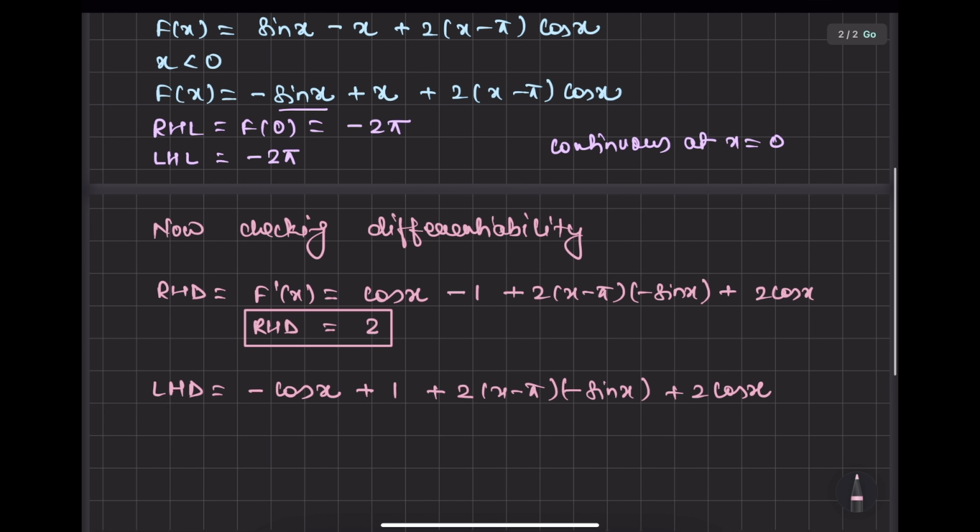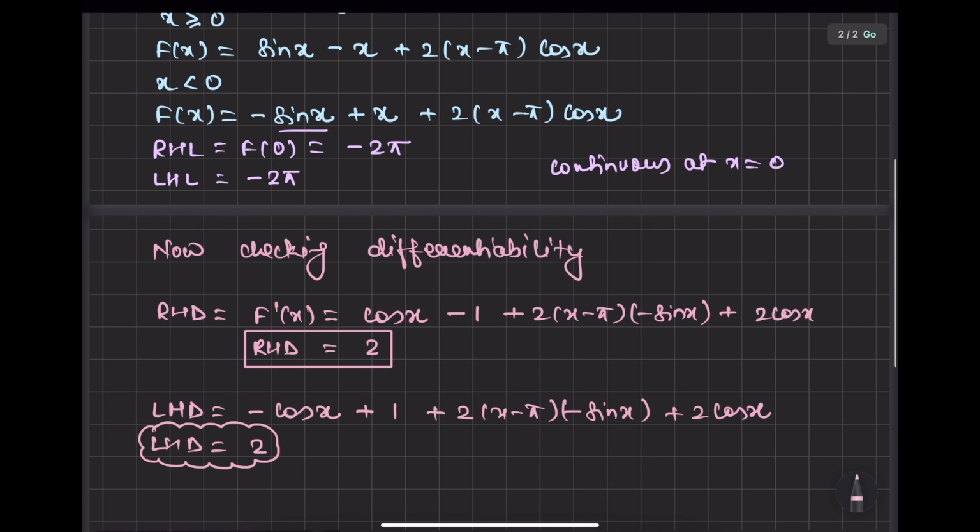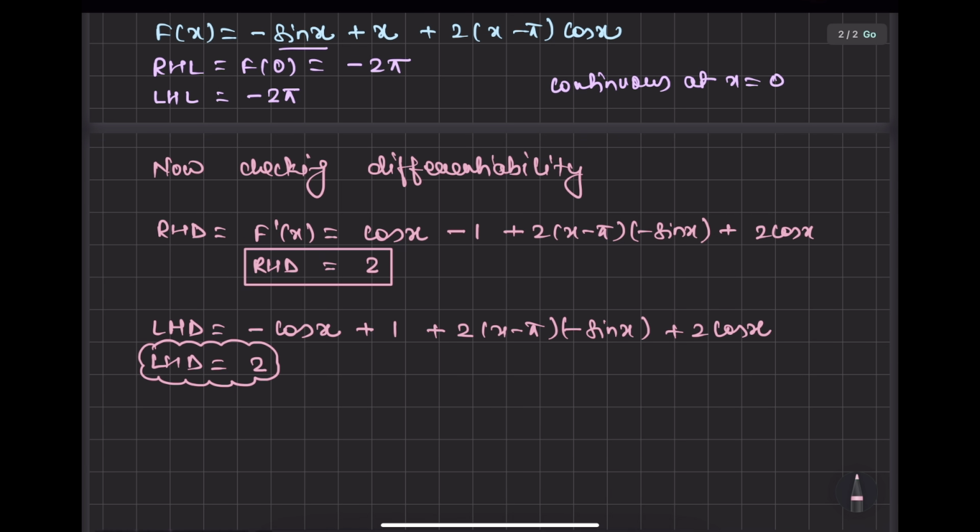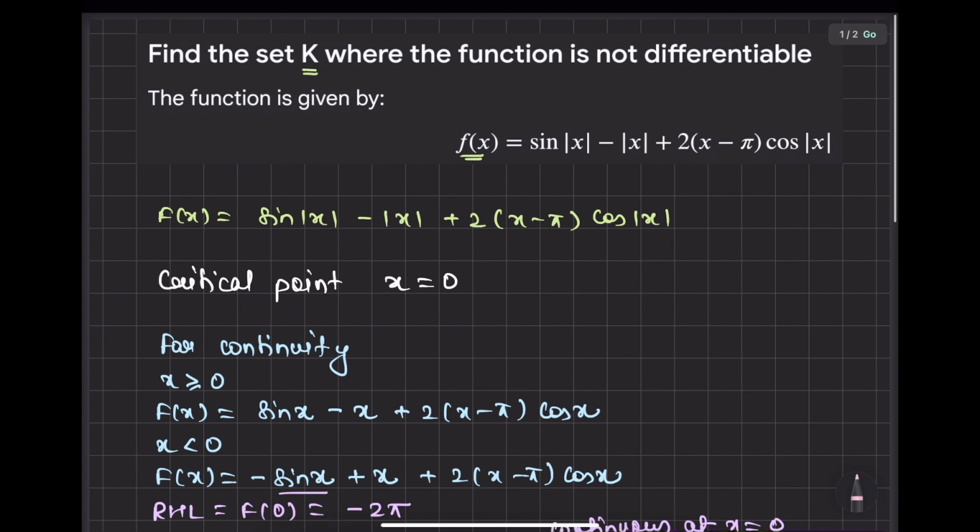Now we substitute x equals 0, so cos 0 is 1, so it is minus 1, minus 1 plus 1 is 0. This is 0, it will make everything else 0. So it is again 2. So we got LHD as 2 and RHD is 2. So can I say that LHD equals RHD equals finite. Therefore, the function is differentiable at x equals 0.